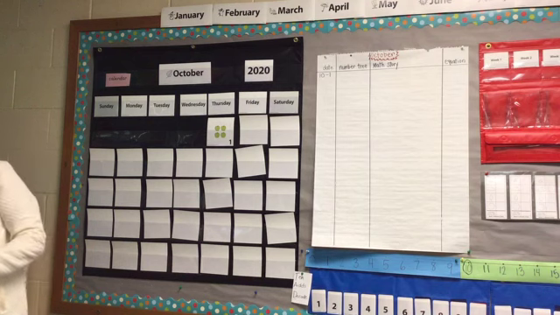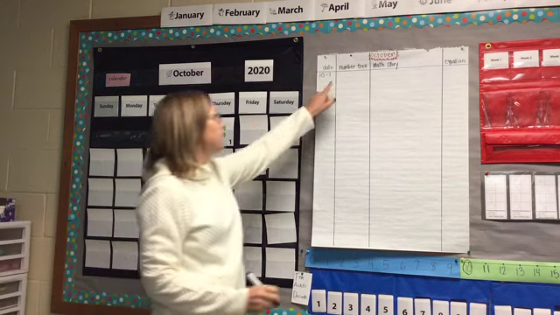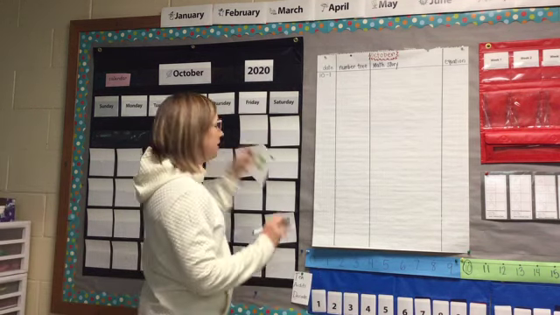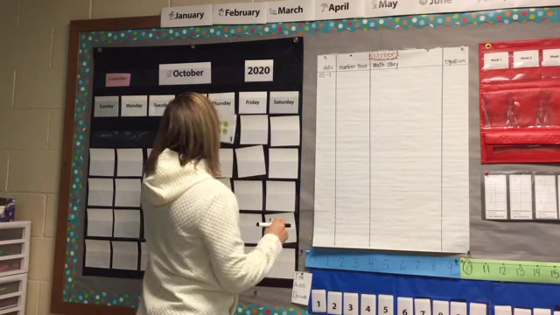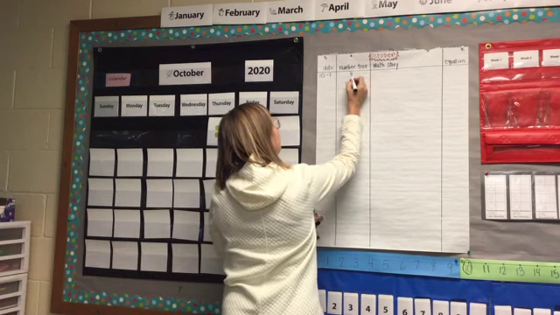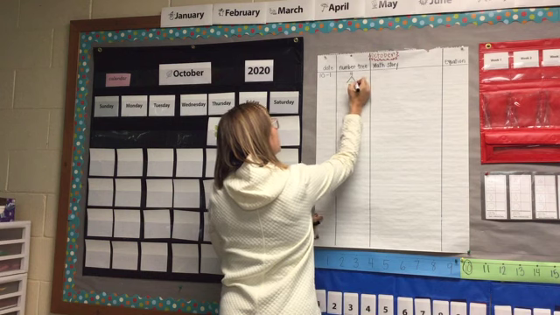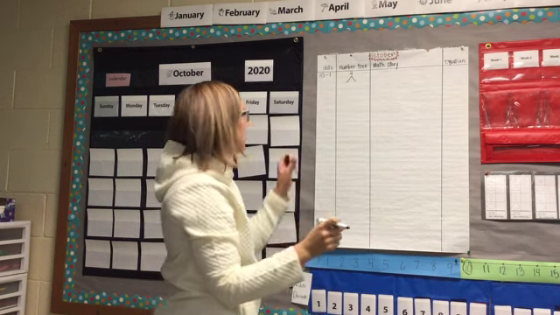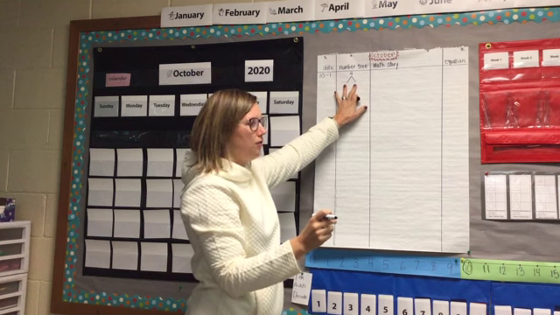So we're going to make our number tree to go with our calendar marker. And there are 4 green apples. So we're going to put 4 at the top of our number tree, and then we're going to put our 2 lines down to see the 2 parts that go with 4.